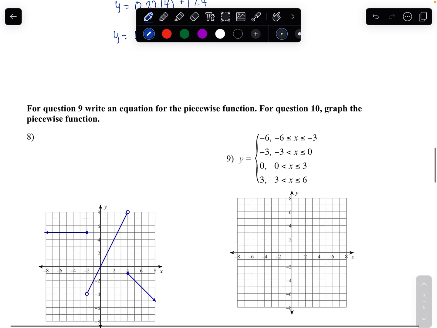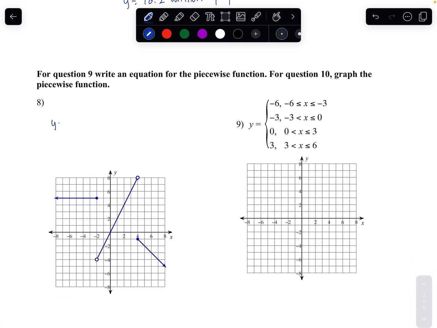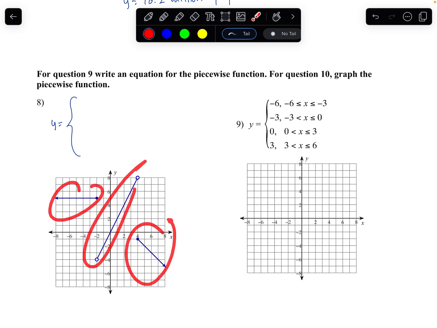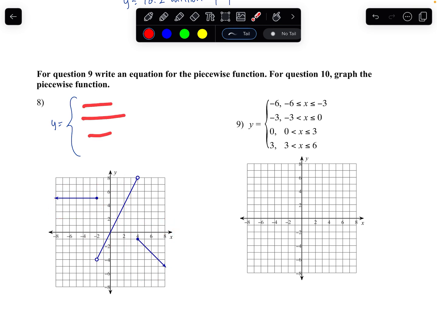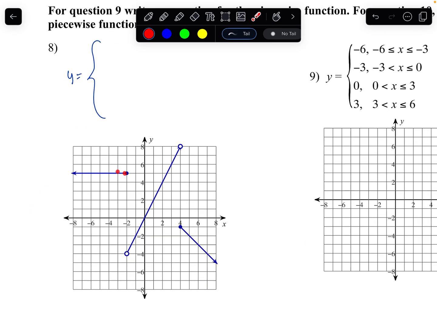So we're going to write this equation, and it's a piecewise function because there are 3 parts to it. So we're going to write the 3 parts. The first part, start with this function given here. This equation right here is a constant line, and the constant is 5.